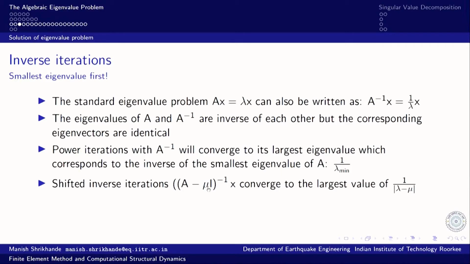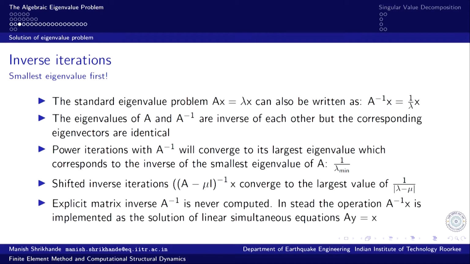Iterations with A minus mu I inverse would converge to the largest value of lambda minus mu, and as I said, the explicit matrix inverse is never computed. Instead, the operation A inverse x is implemented as the solution of the linear simultaneous equations A y is equal to x.